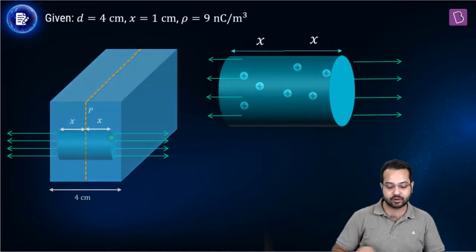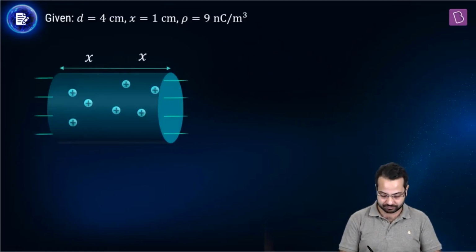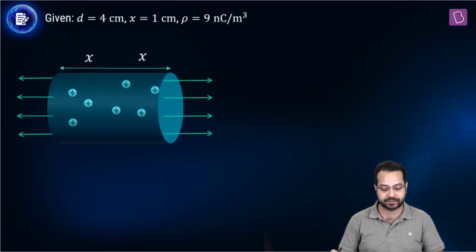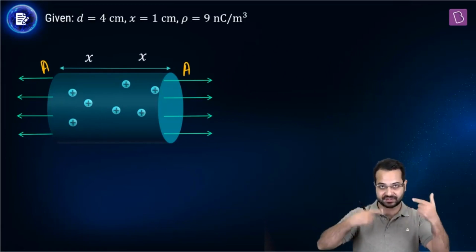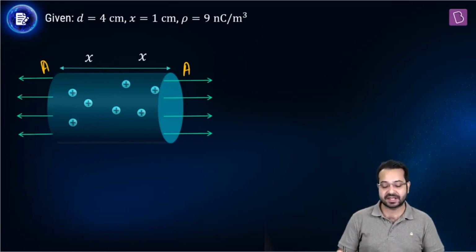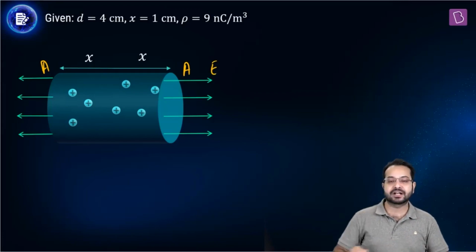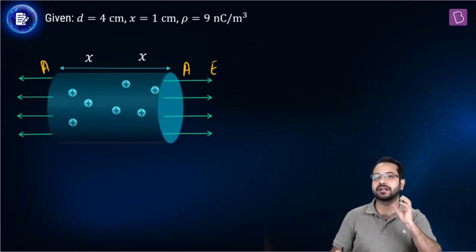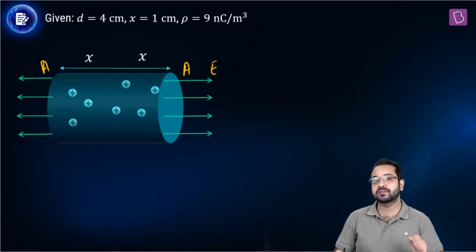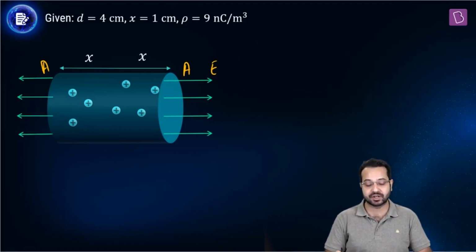So now all we need to do is do the calculation. All right, let's do the calculation quickly. Now let's say this surface has an area A. This cross-sectional area I'm talking about has a surface area A, and the electric field is E. Now we have already established that the magnitude of electric field is going to be the same at all points of the surface. Why? Because it is symmetrical about the charge distribution.